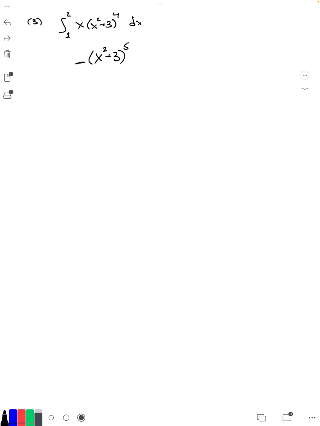Now in order to find the number here, we know that in order to derive, we multiply the power by the derivative of the inside. So we're gonna have 2x, multiplied by something in order to get x here. So we have 10x multiplied by something to get an x. So basically it would be 1/10. So we can put here 1/10.